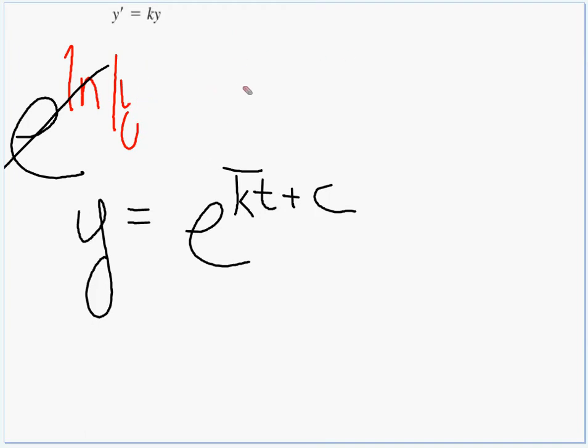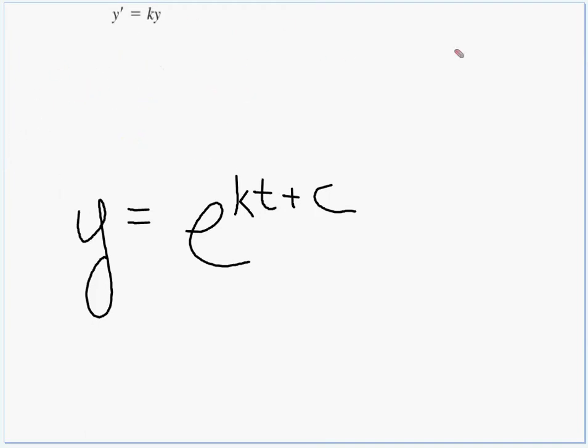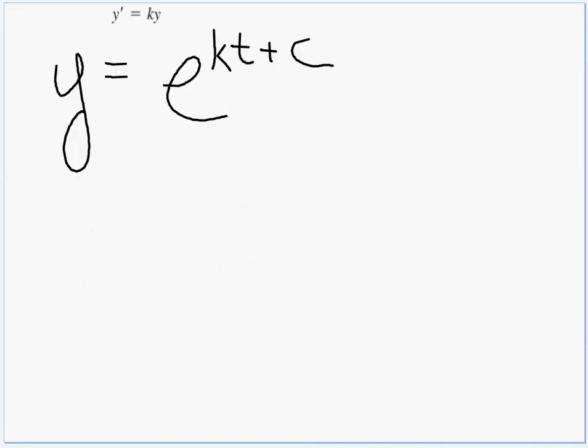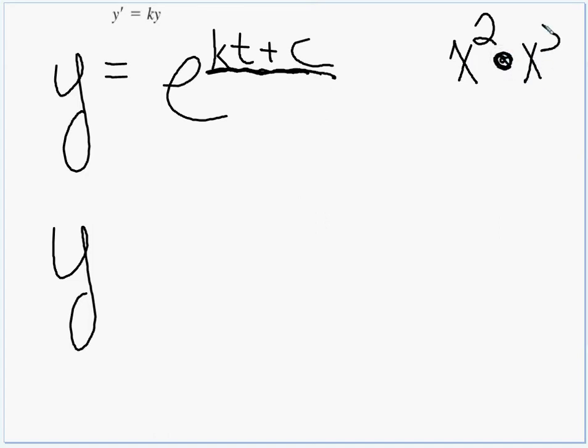Now pay special attention to this next part. You'll see this pop up. You'll need it as you're solving some of these problems. Over here we've got e to a two-term exponent, e to the kt plus c. That's all in the exponent. When do we add exponents? When we multiply like bases, like x squared times x to the third would be x to the fifth. When we multiply the bases, we add the exponents.